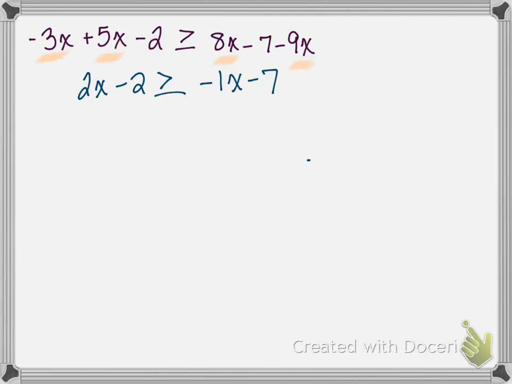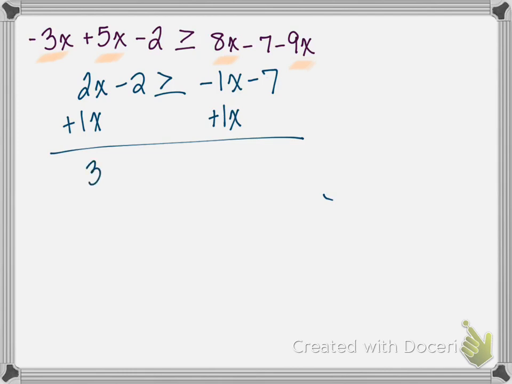Now I'm going to start moving my variable to the left. That is a very, very important habit to get into, moving that variable to the left. So I am going to add 1x to both sides.